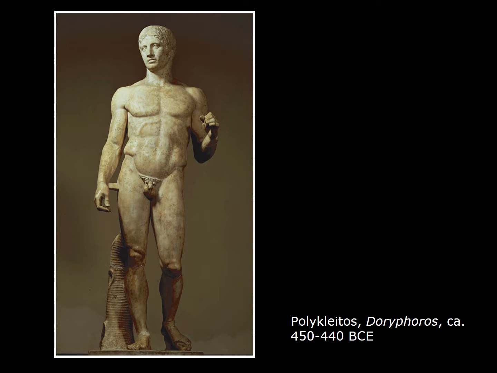This particular piece is one of the greatest freestanding sculptures of the classical era. It was created by Polykleitos. His favorite medium was bronze, and this particular piece we have here is a Roman marble copy of a Greek bronze original. The Greek bronze would have been dated 450 to 440 BCE.